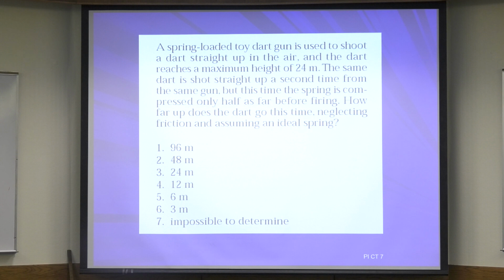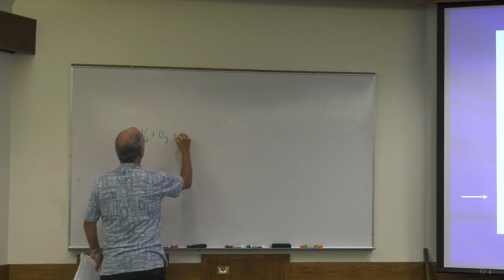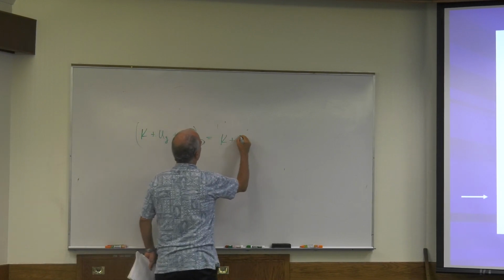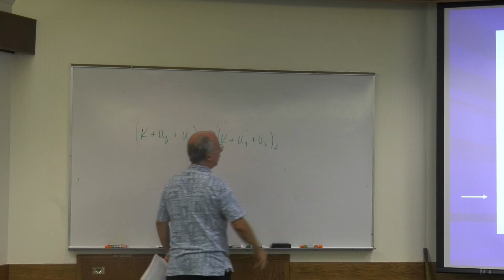All right, what's the answer? Okay, 6. Why? So I have K plus UG plus U spring initial equals K plus UG plus U spring final.